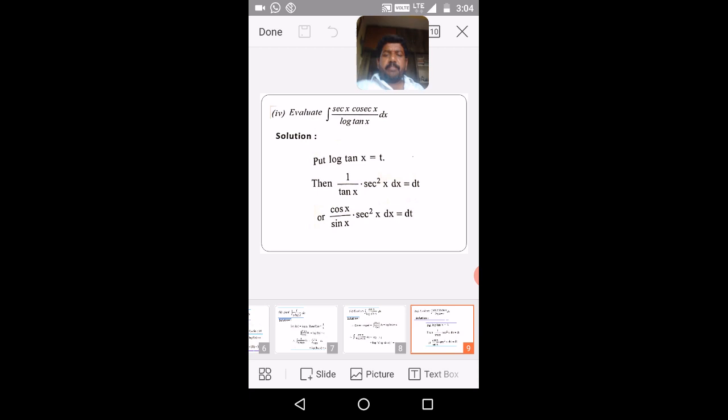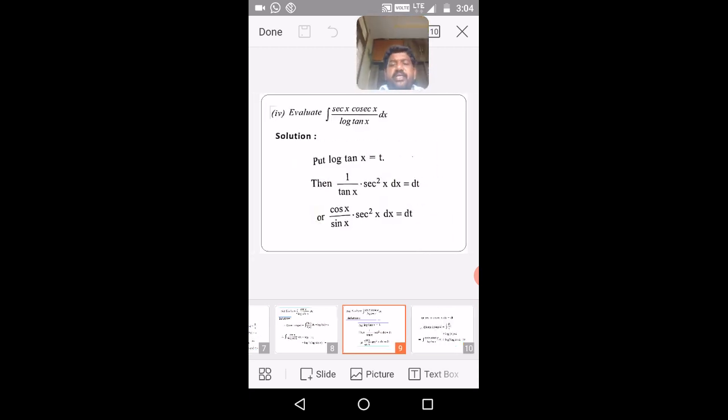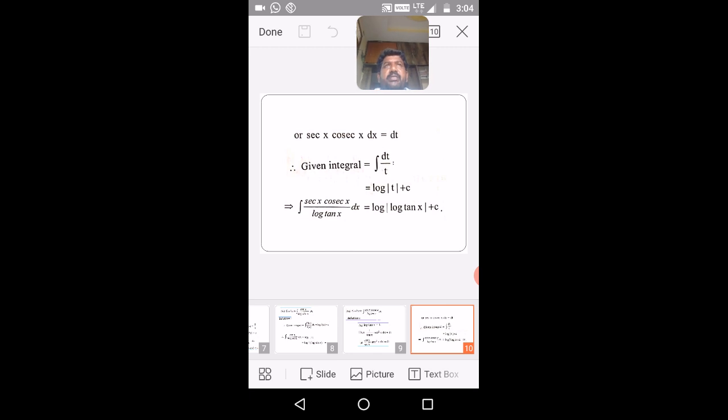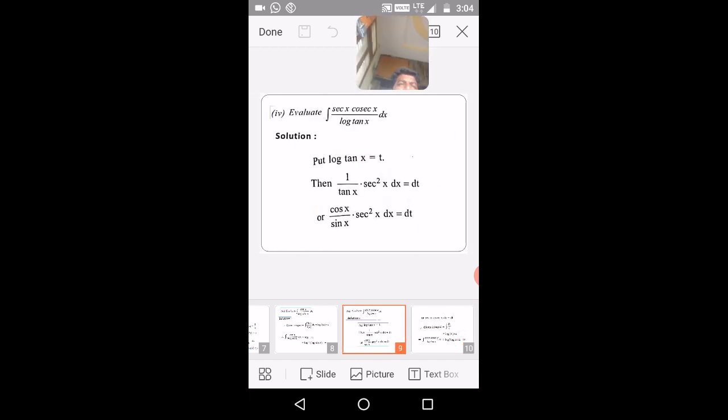Okay, are you following me? In the numerator we have cos x into sec square x, which is written as cos x into sec x into sec x. Cos x into sec x is 1, since they are reciprocals of each other. The remaining thing is sec x dx by sin x, and 1 by sin x is cosec x. So we get sec x into cosec x dx equal to dt, which is the numerator of the given integrand.